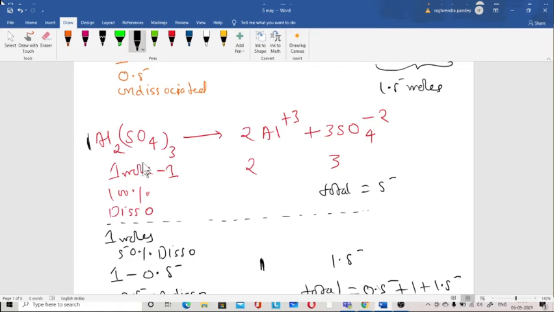Out of one is dissociating, so its components are here. Now this doesn't exist as aluminium sulfate. Any other question? No.